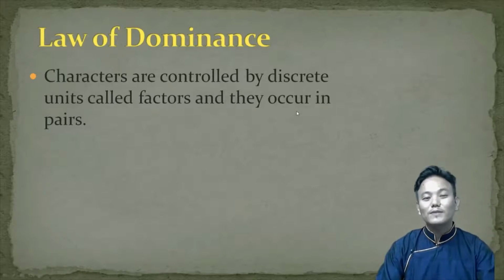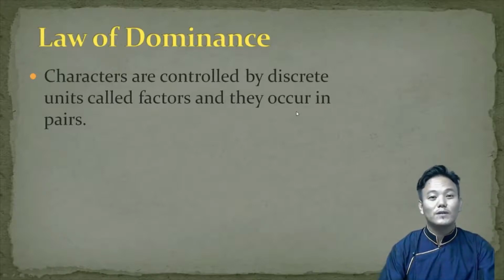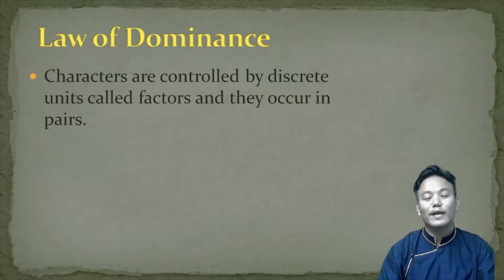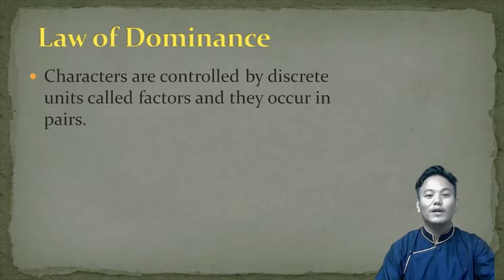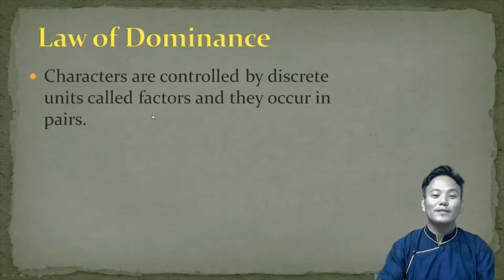The simple answer is they occur in pairs because most sexually reproducing organisms are diploid organisms. So they get one gene each from their parents, one from the father and one from the mother. Therefore, these factors or genes occur in pairs.